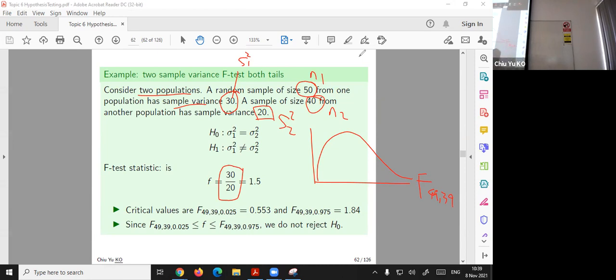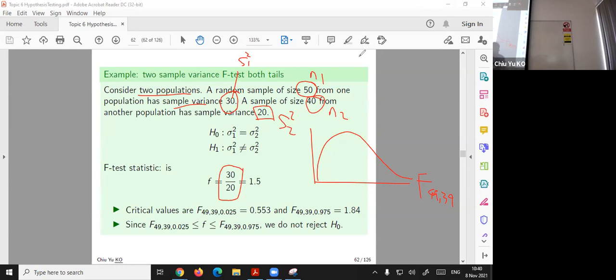F looks like this, and it's unlikely to be 0. Of course, whether it's skewed more this way or the other way depends on which one is bigger, but it looks like this kind of shape. For sure, it's not symmetric. Again, this is 1.5.